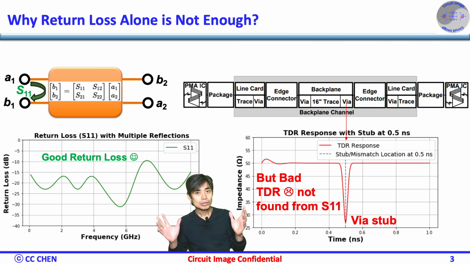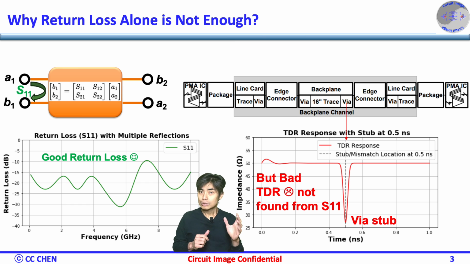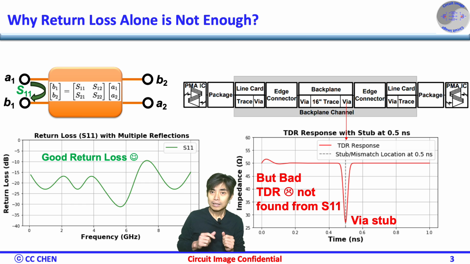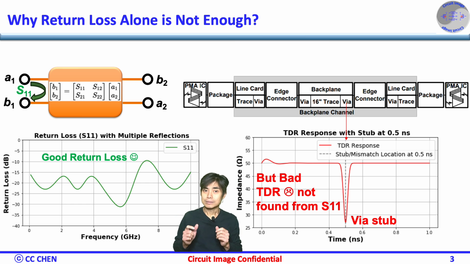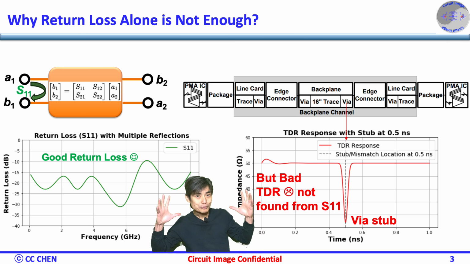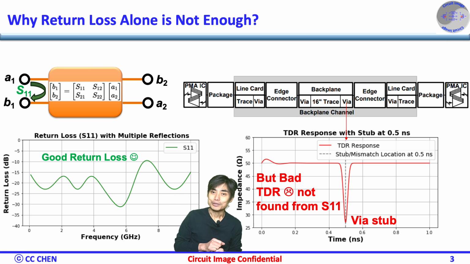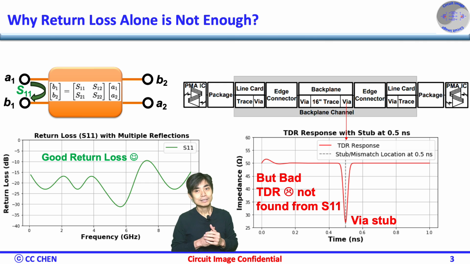Without TDR, you may optimize return loss, but still miss critical discontinuities. Think of return loss as a broad measurement, while TDR is a zoomed-in view. If return loss is like checking overall temperature, TDR is like finding the exact infection site.